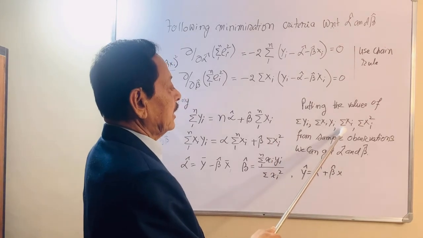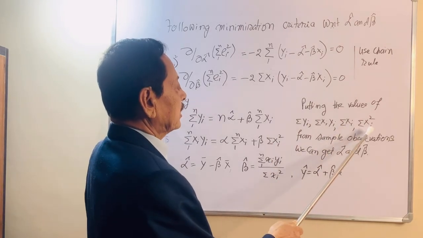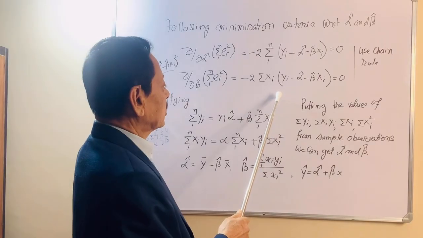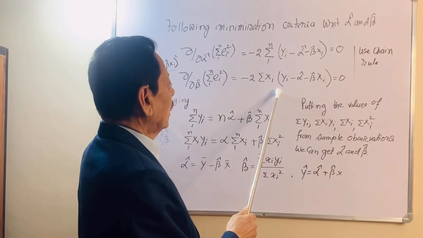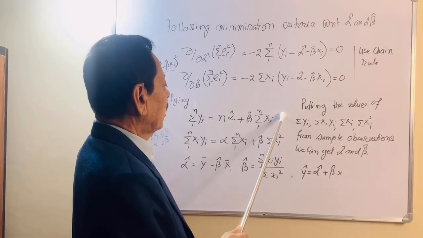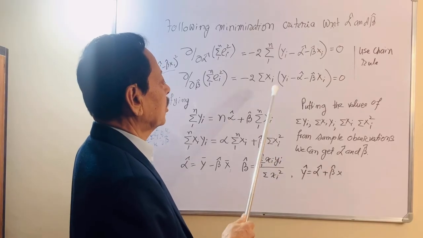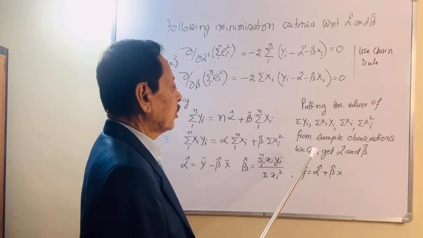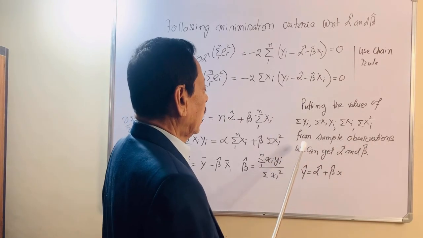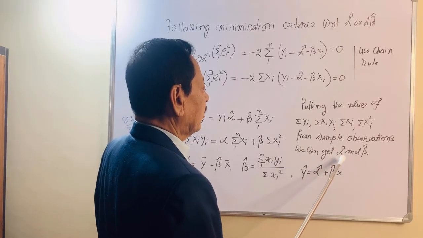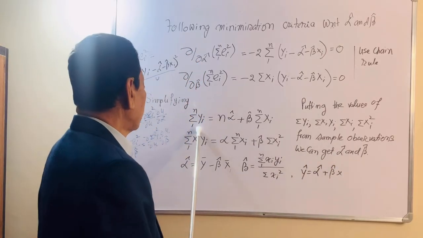Then summation xi and summation xi square, that means the data x1, x2, and so on up to xn, square it. From sample observations we can get alpha head and beta head.